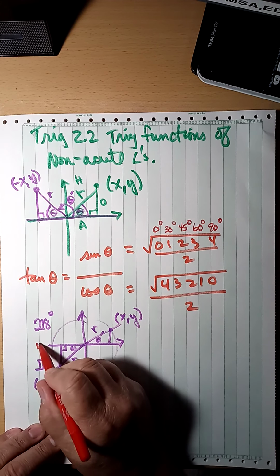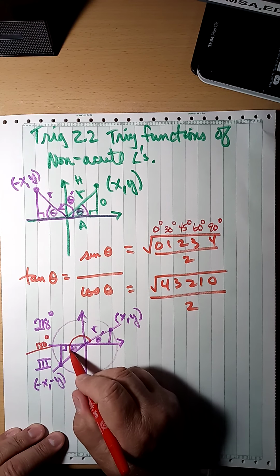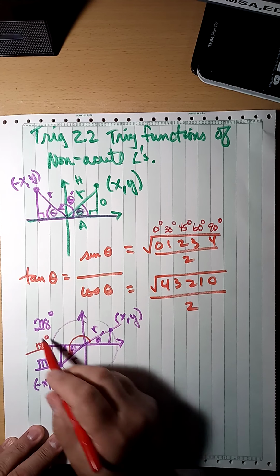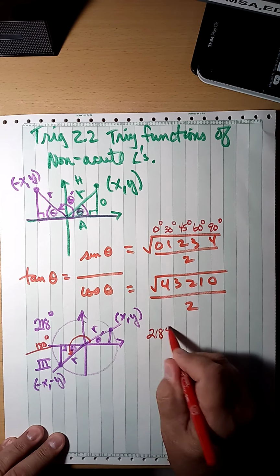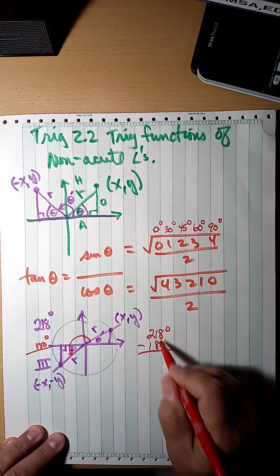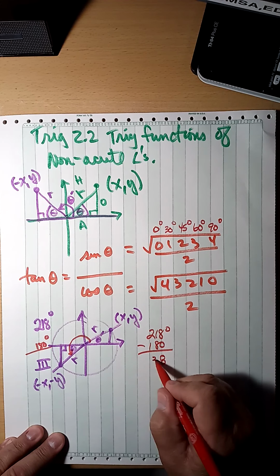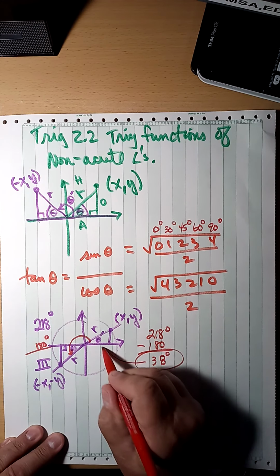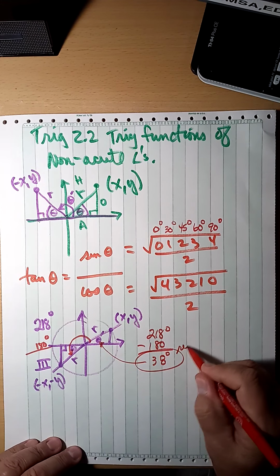Well, if this is 180 degrees, and this one all the way around is 218, then how far have you gone past that 180 degrees? Well, subtract: 8 minus 0 and 11 minus 8. So you've got 38 degrees beyond. So 38 degrees is the reference angle.